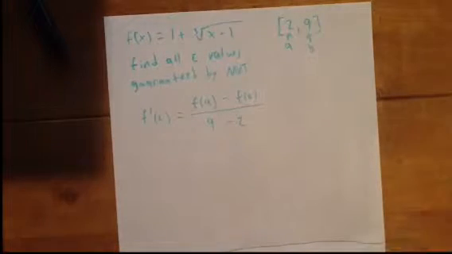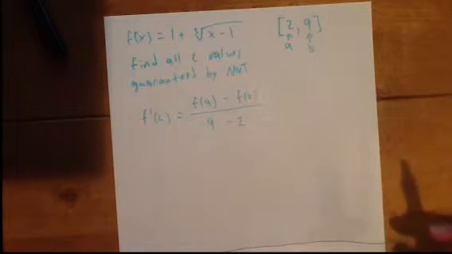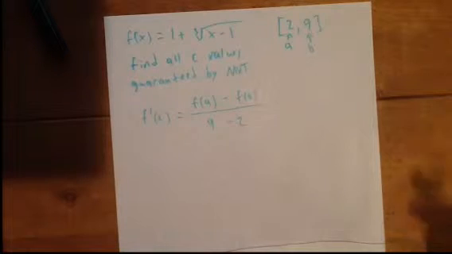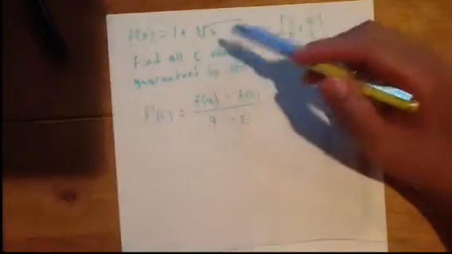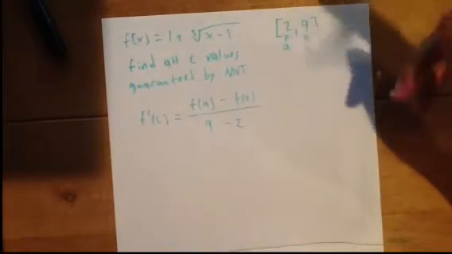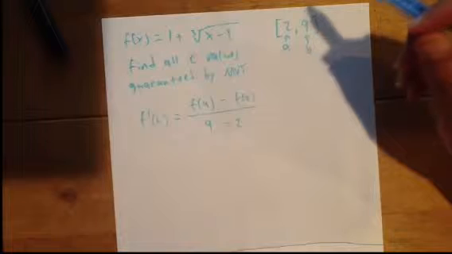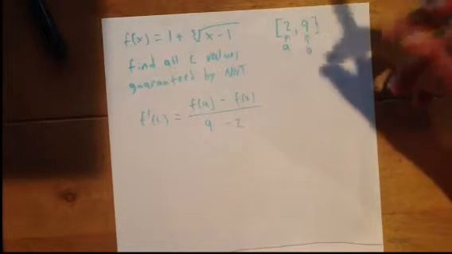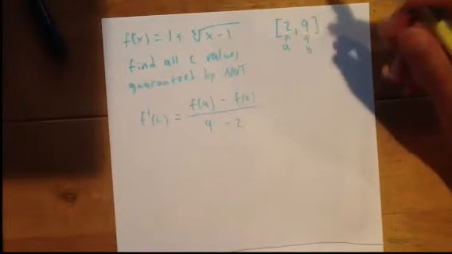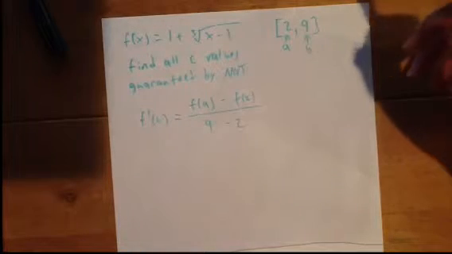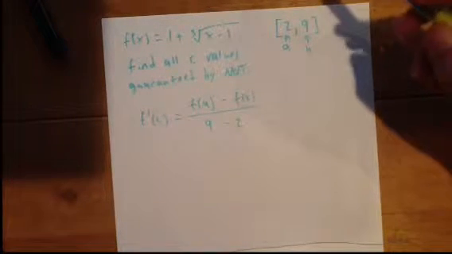Now, we really do have to verify that the function meets the two conditions that I discussed earlier to make sure that we can apply the mean value theorem, or else you're going to be doing a bunch of work that you don't really need to do if it does not apply. So, looking at this function here, under a cube root, because that'll be most likely where problems arise in the domain, you can take the cube root of either a positive or a negative number.